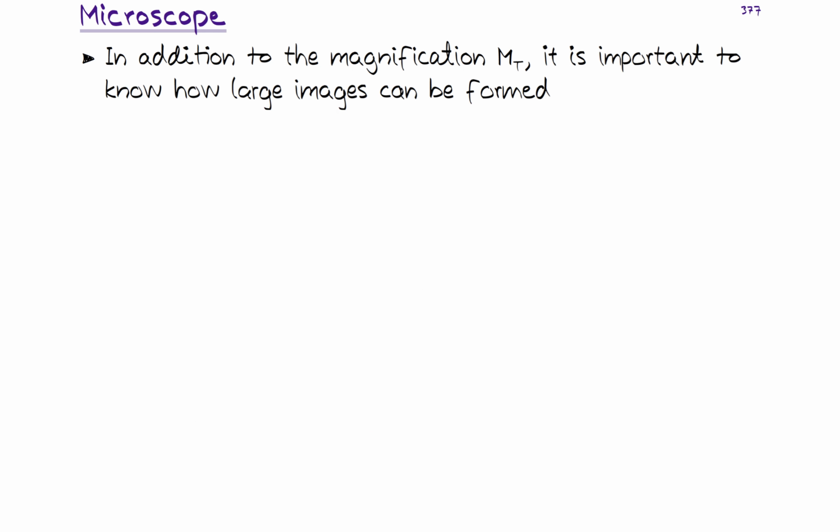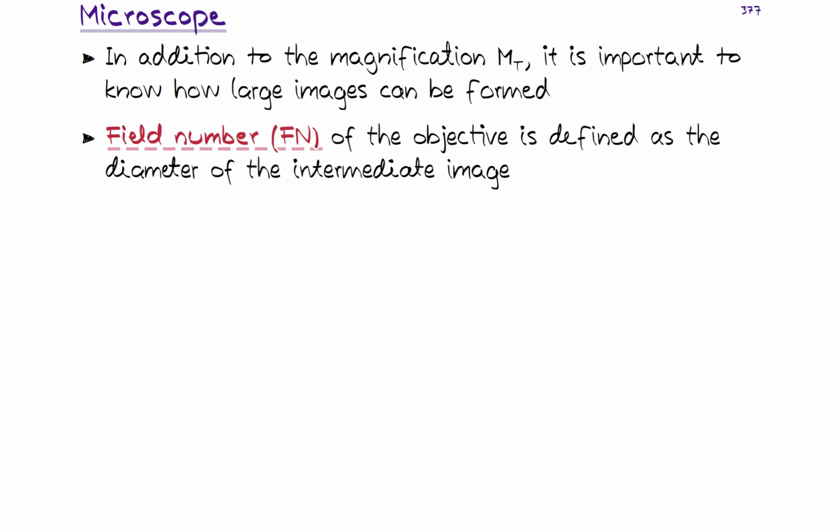Now, in addition to just looking at the magnification, MT, it's also important to know how large a field of view you can see through the microscope in one go. So basically how large images we can form. And here the parameter of interest is known as the field number, abbreviated as FN on the objective, and this is essentially defined as the size of my intermediate image.